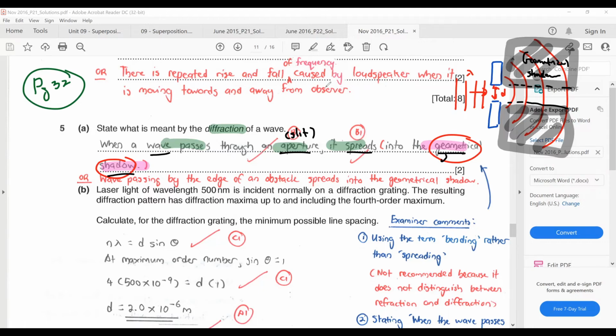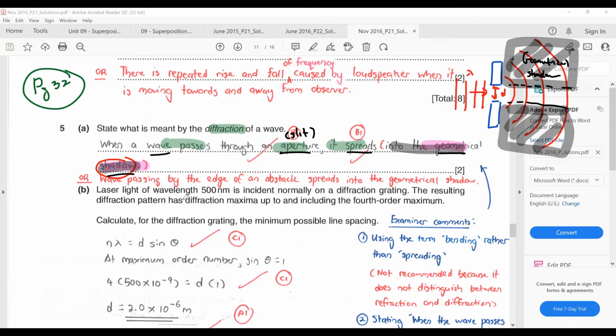But the more recent ones, they don't really bother about this anymore. Even in the notes that I just wrote for you, you notice that this statement isn't inside. But just in case when you're doing the older past year questions, you will sometimes encounter a case where this is inside your marking scheme. It's a point in itself. So I leave it to you whether you want to include it or not.